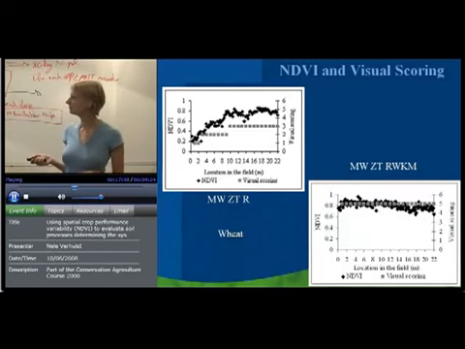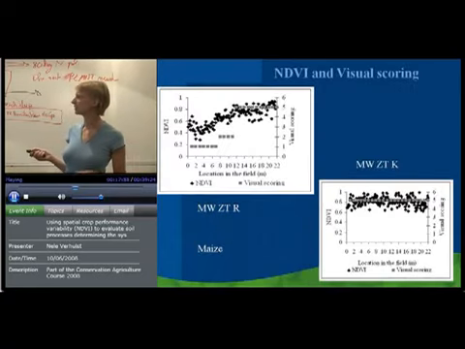The same for the zero tillage remove treatment. In the NDVI measurement, you see kind of a gradual gradient, while in your physical scoring, you don't have that much detail. And we can do the same for maize, of course. Zero tillage keep is uniform. Zero tillage remove, we've got a clear trend from one end of the plot to the other.